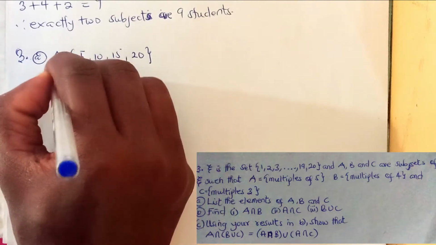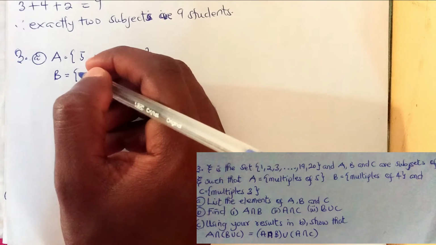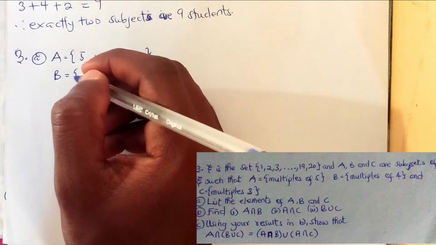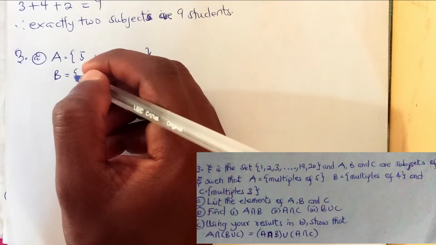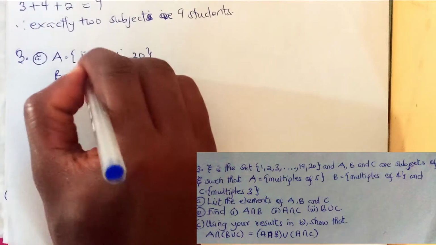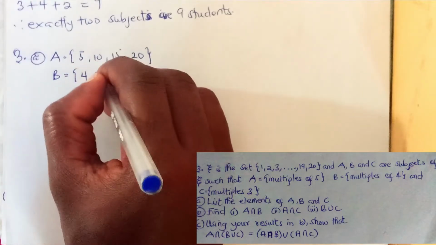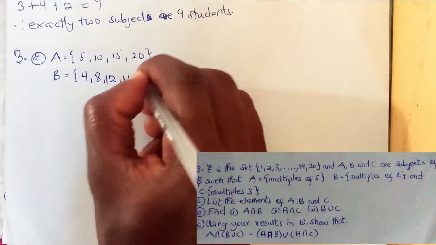B. Just as I said for A, B is a multiple of 4. So the multiples of 4 should range between 1 and 20, since that is the beginning and the end point of the universal set. So we have 4, 8, 12, 16, and 20.